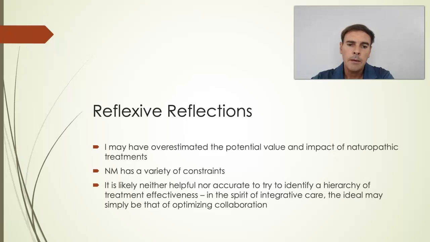And then naturopathic medicine has a variety of constraints, some of which I discussed. I would say that it's likely neither helpful nor accurate to try to identify a hierarchy of treatment effectiveness. In the spirit of integrative care, the ideal may simply be that of optimizing collaboration, right? Draw from the strengths that each camp has, I would say.